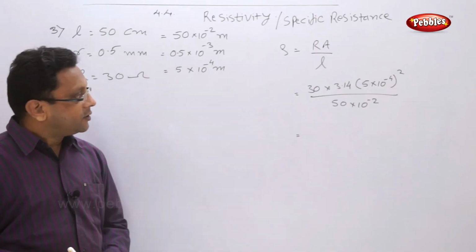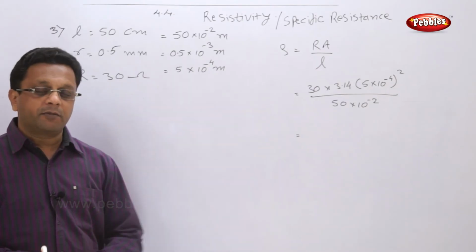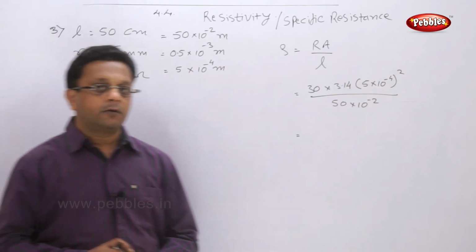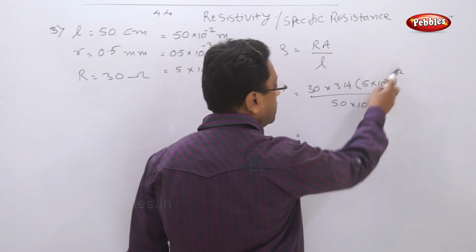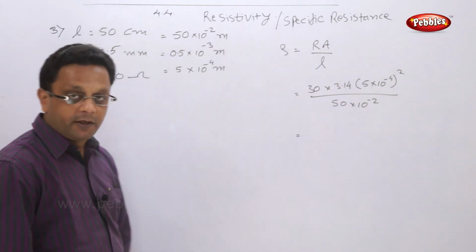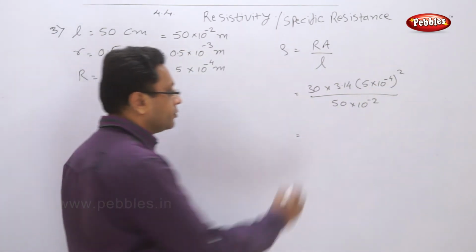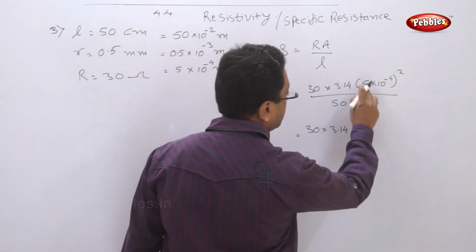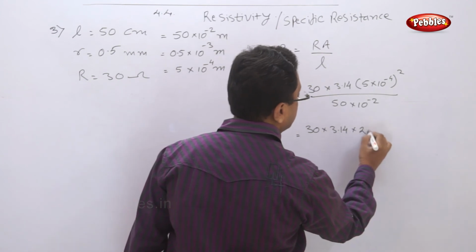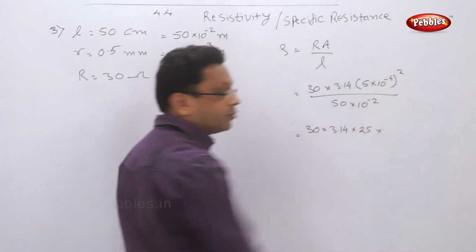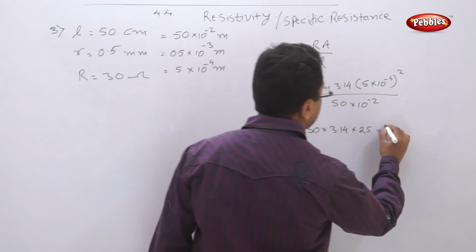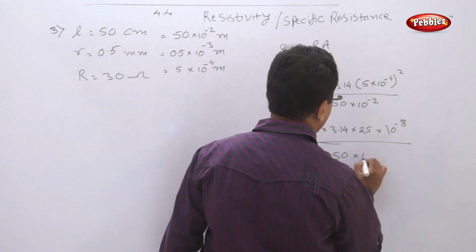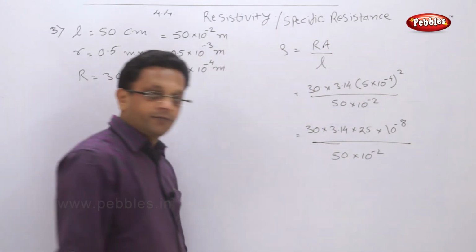Now can you solve this? This is simple arithmetic. I know where people will get stuck: at the exponents, right? So I will solve that for you. It will be 30 into 3.14, 5 square is 25, into 10 raised to minus 4 square, which is 10 raised to minus 8, divided by 50 into 10 raised to minus 2.